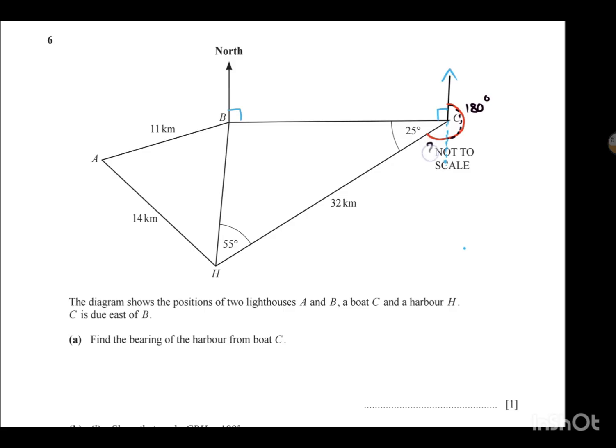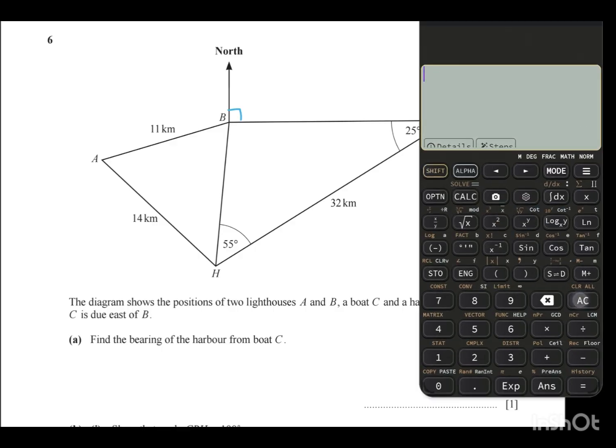Now the remaining angle we need to find out to get the bearing of the harbor from boat C. On the other side of this straight north line I have extended, this is 90 and this is 25, so 180 minus (90 plus 25) is 65.